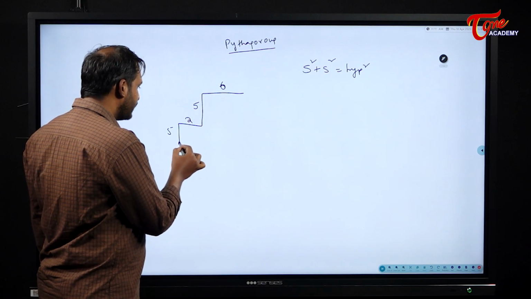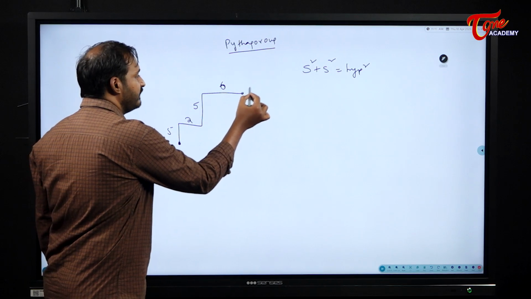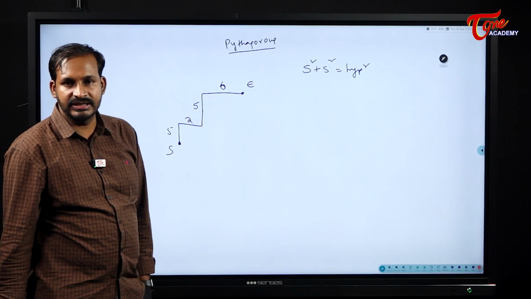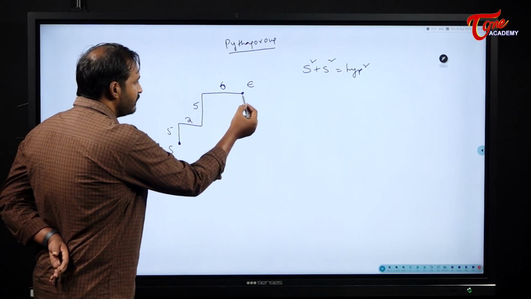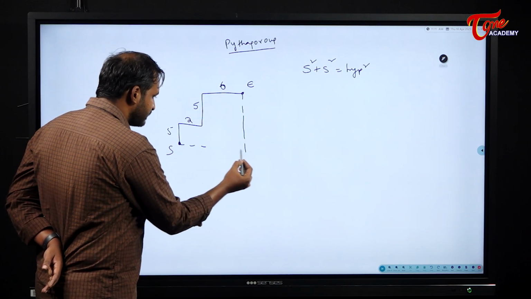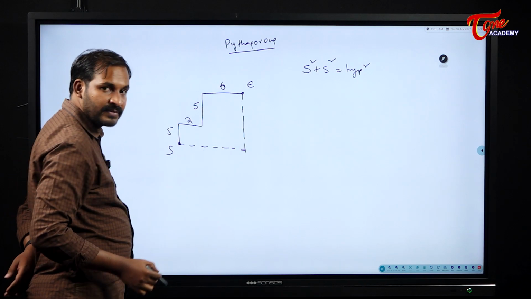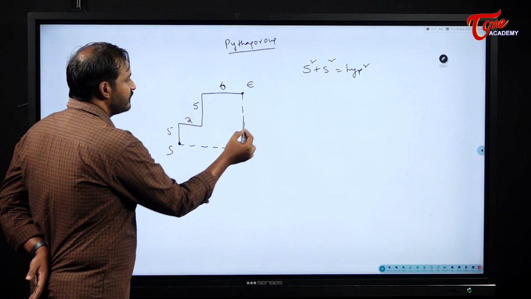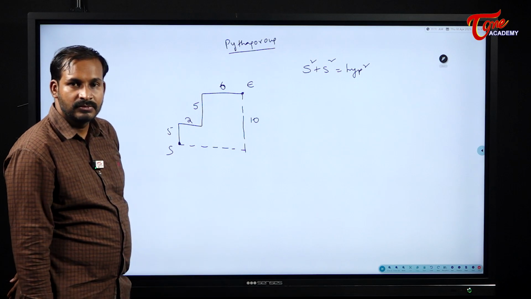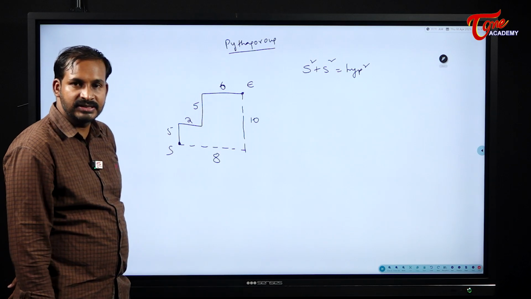If I want to find the shortest distance between my start point and my end point, see here students, I will simply draw a line in this manner and I will draw a line in this manner. So now tell me, what is this distance? 5 plus 5, right? 10. What is this distance? 2 plus 6, 8.